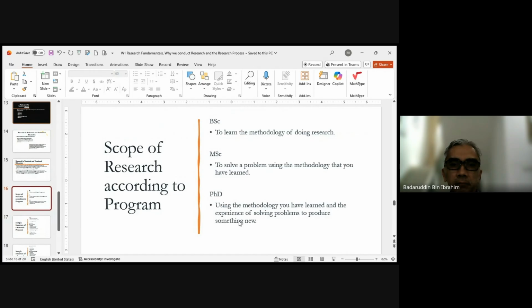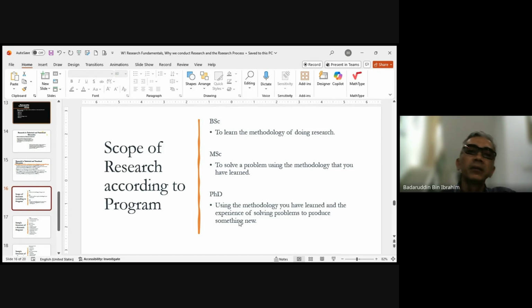In a bachelor degree, maybe you learn about the methodology of how to do research. At master level, you need to solve a problem using the methodology that you have learned. Meanwhile, when you do a PhD, as we have discussed before, research tends to generate new knowledge.